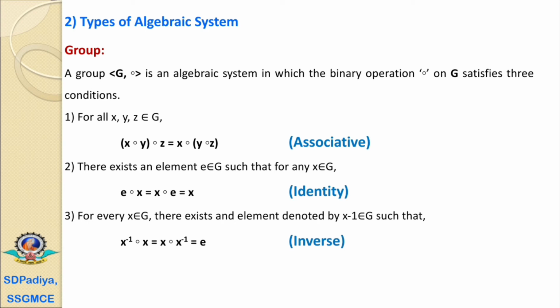That is, for every x belonging to G, for every element of the set, there exists an element denoted by x raised to power minus 1 belonging to G, such that x raised to power minus 1 composition x or x composition x raised to power minus 1 is equal to E, that is the identity element. Then we call it the inverse. So any algebraic system which is associative and has the identity element and inverse element is called a group. Every group is also a monoid and it is also a semi-group.